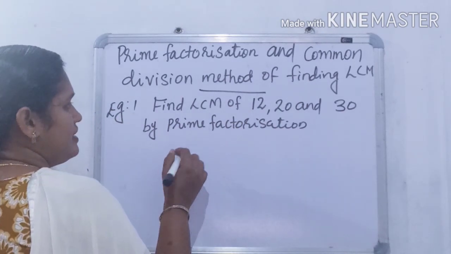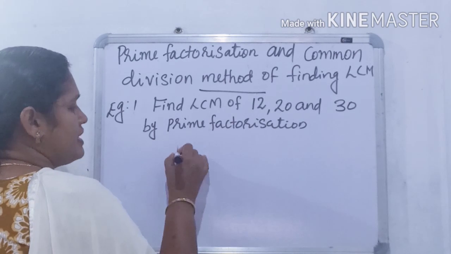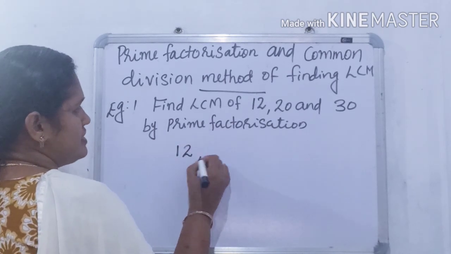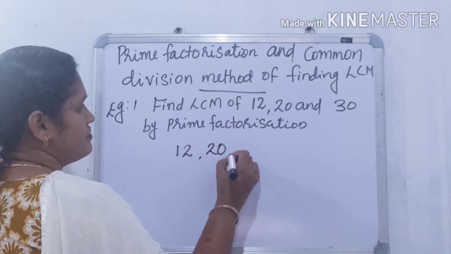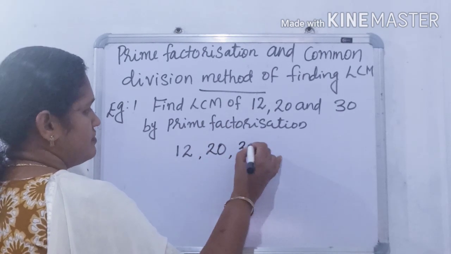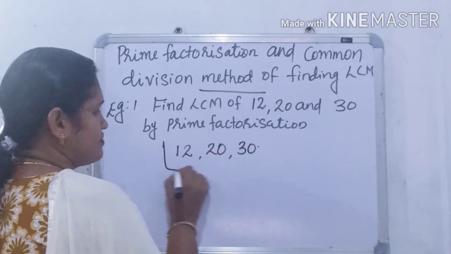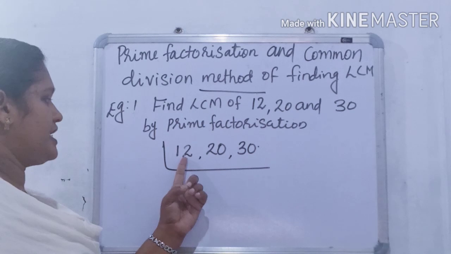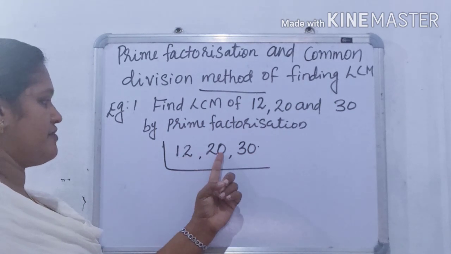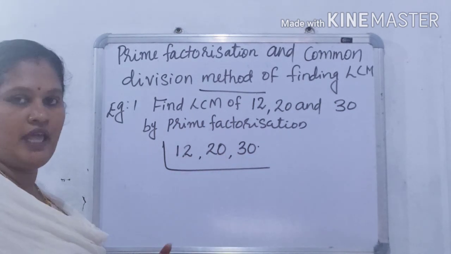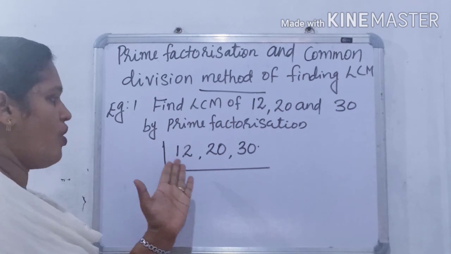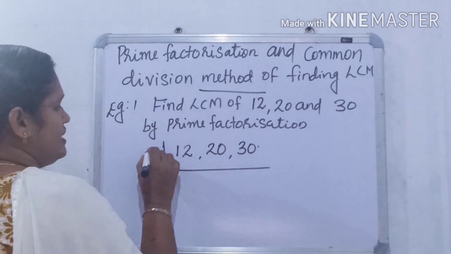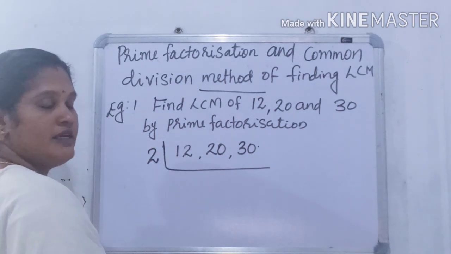To find the LCM by common division method, we write the numbers together. Here 12 is an even number, 20 is an even number and 30 is an even number. So all numbers are divisible by 2. We can divide all numbers by 2.